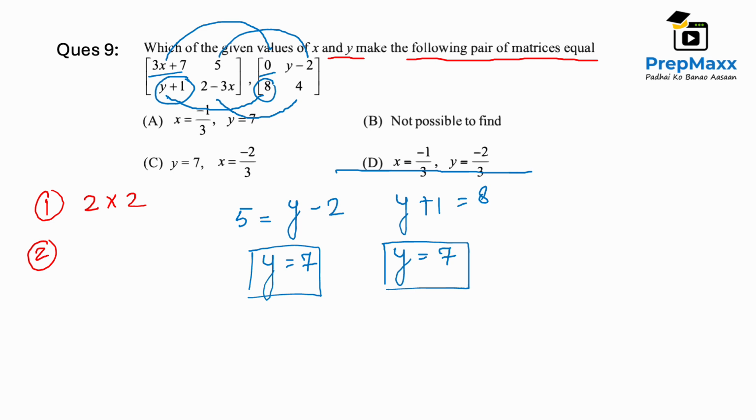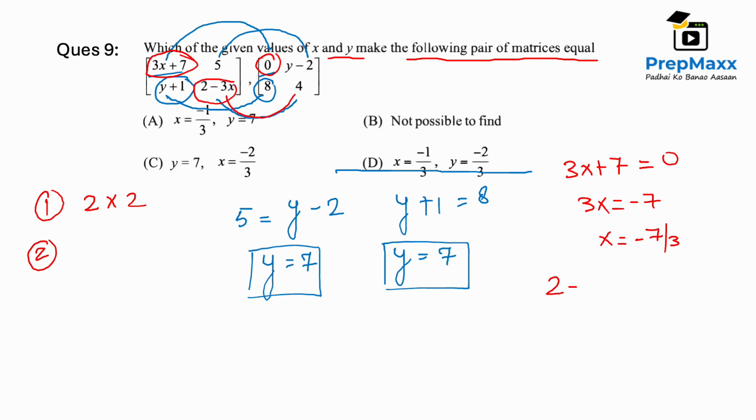Now what about the x value? For the x value, you can equate the A11 element, which is 3x plus 7, with 0. So 3x plus 7 equals 0, which means 3x is equal to negative 7 and x is equal to negative 7 over 3. Let's see if this value of x is satisfying the A22 element also.